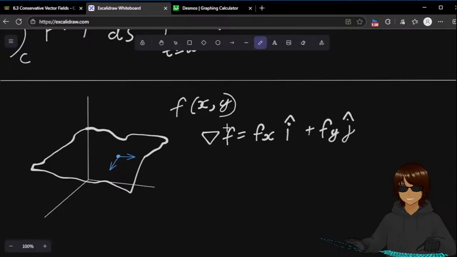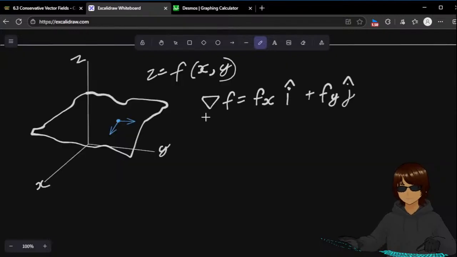The length of this vector is the partial derivative in the x direction, and the length of this vector is the partial derivative in the y direction. So this vector is parallel to the xy plane because there's only i and j, right? i is in this direction, j is in this direction. These two vectors are parallel to this plane.